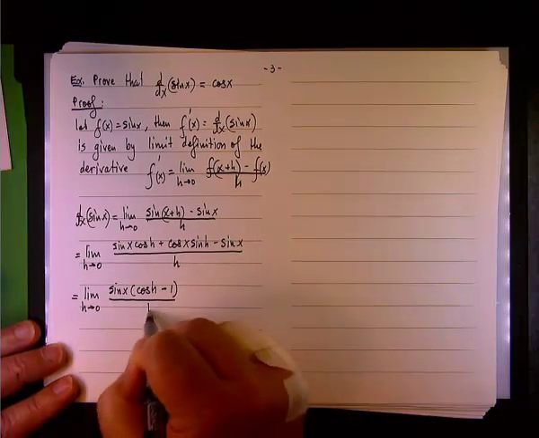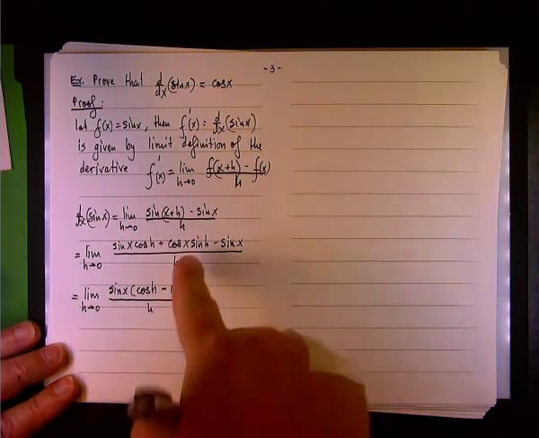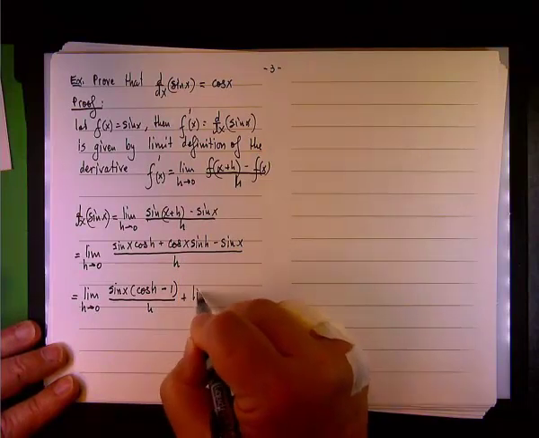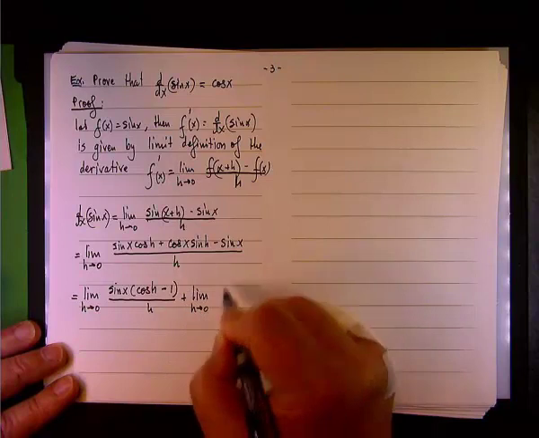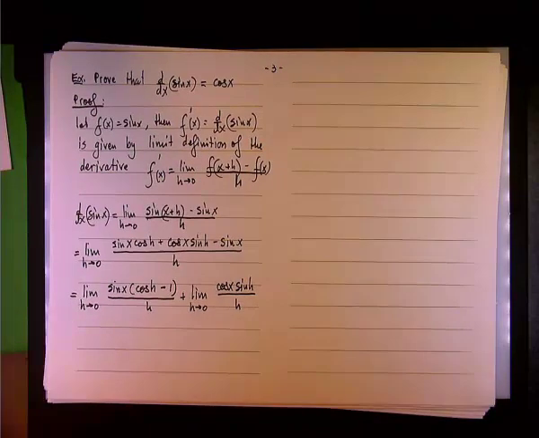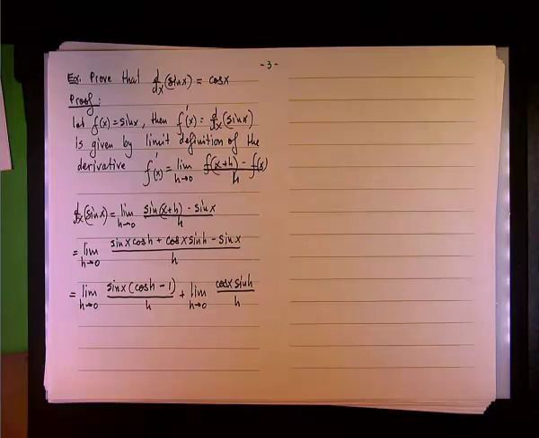I'm going to group sine x. Notice that I have sine x and sine x here. So I'll factor out the sine x, and I'll have cosine h minus 1 over h. And what I have left is the term in the middle. So I'll have plus the limit as h goes to 0 of cosine x sine h over h.